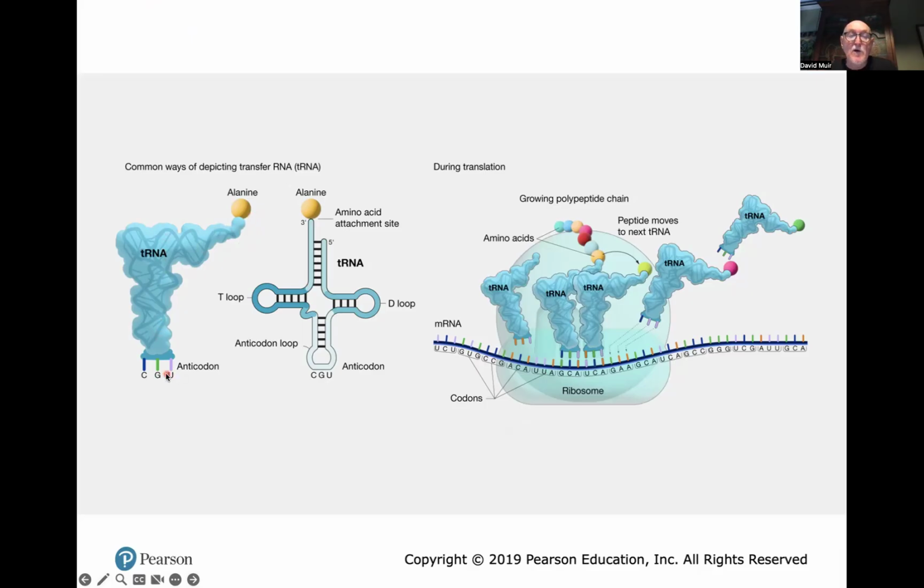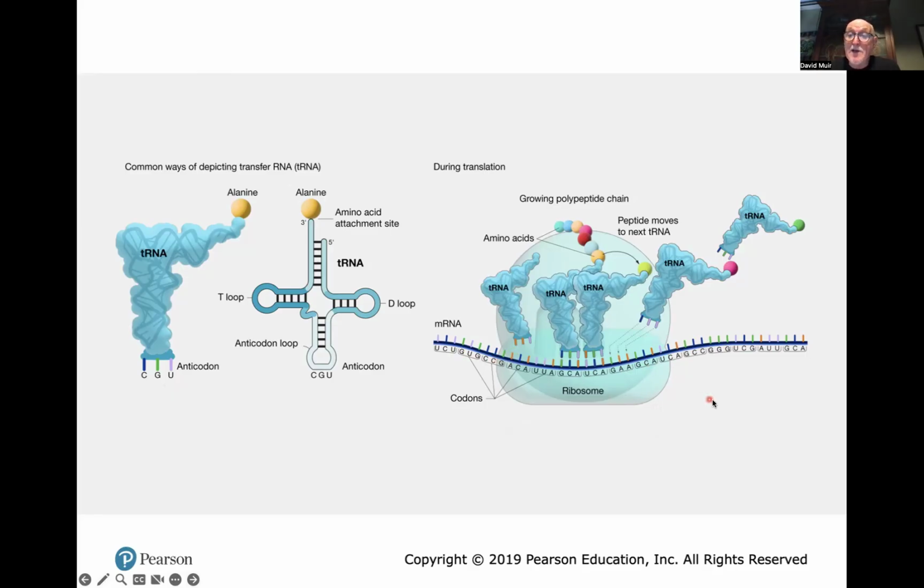Its anticodon is specific for alanine and for one particular codon, which is GCA, as we saw in the table of codons. So when we look at the messenger RNA strand, here it is, we realize that there is now the possibility for tRNAs to come in and match each of the codons, bringing in their amino acid.